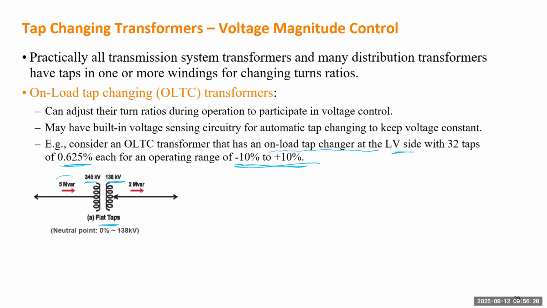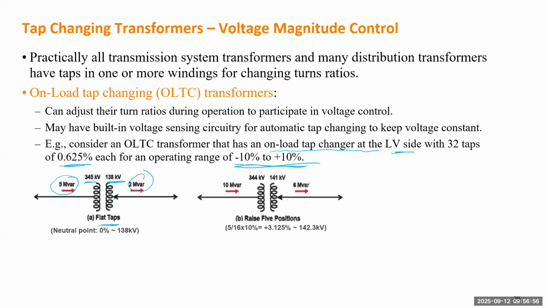The source on the primary side will provide 5 megawatt reactive power to the transformer, and the transformer will take 3 of the 5 and give 2 megawatt to the load. Because the transformer itself is still a reactive load, not a reactive source, because it only has inductance. It doesn't have any capacitance, so it will consume some reactive power and give 2 megawatt to the load.